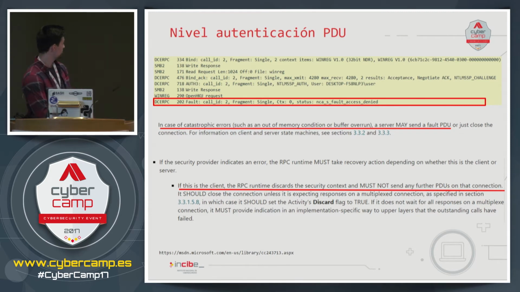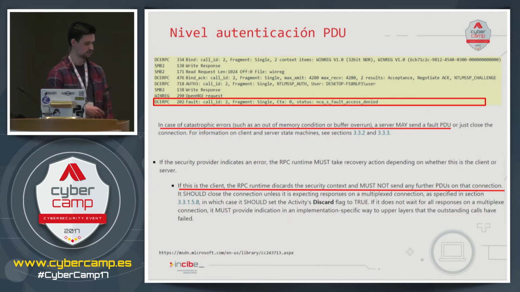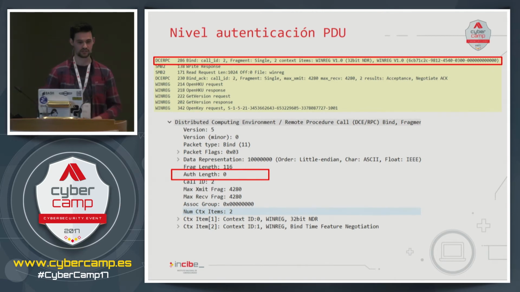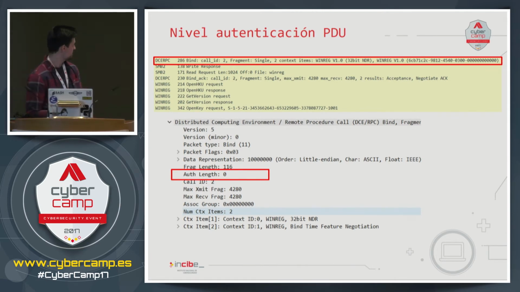If there's a fault, even though you've got the context, if you've got a catastrophic error, the server should send a fault. And there we've got it, the fault. So if the client gets this fault, they can't send anything more in this connection, they should close it. That explains how a little later we get a new connection.